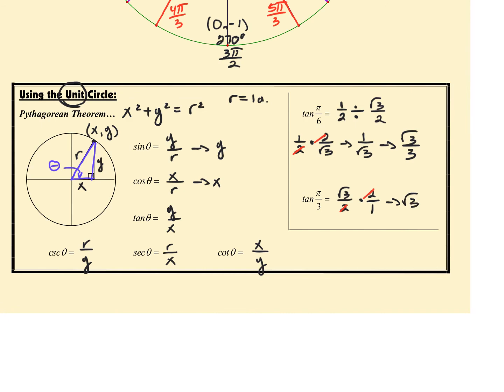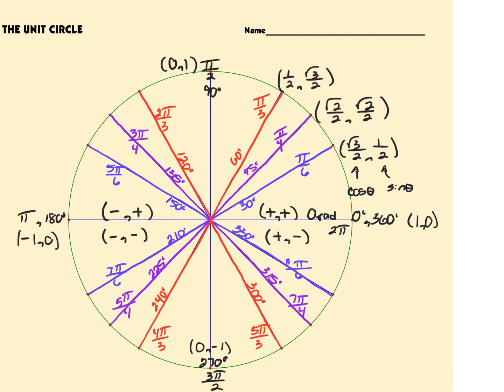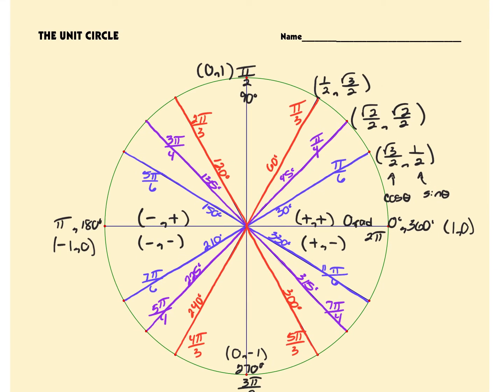Now, and this is just a personal preference, I like to come up here and write those tangent values into my unit circle. So I usually write them in a little bubble. So the tangent of 30 degrees, we found down below, was a radical 3 over 3.